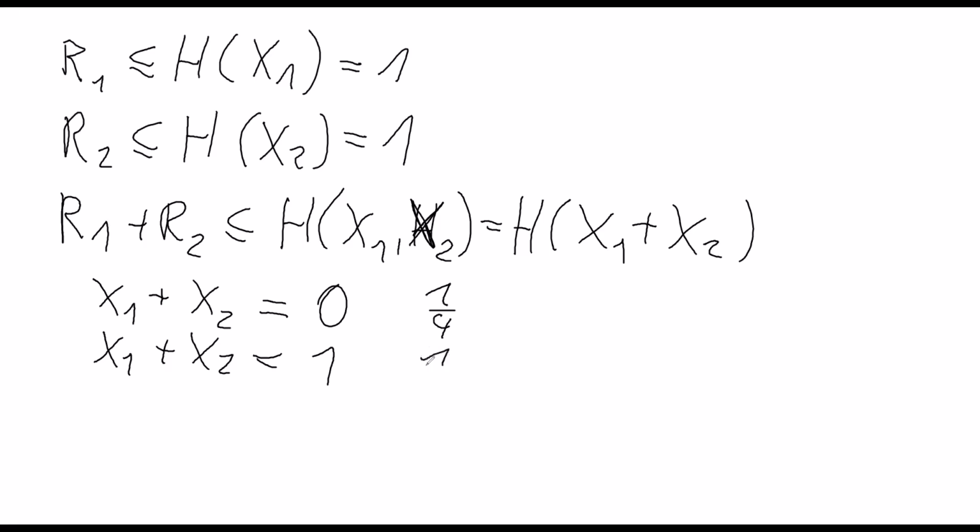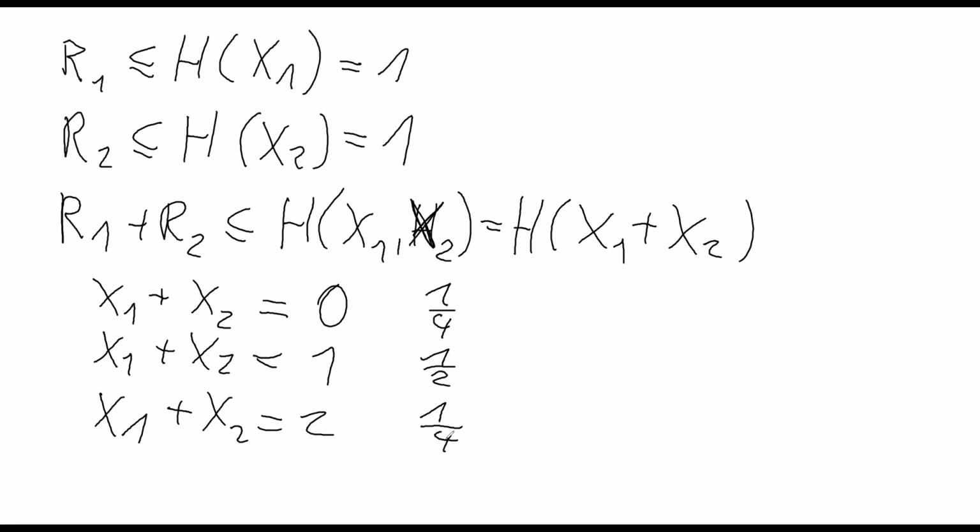So this happens with probability 1 over 2. And then we have x1 plus x2 equal to 2 only if x1 and x2 are both equal to 1. And this happens with probability 1 over 4.